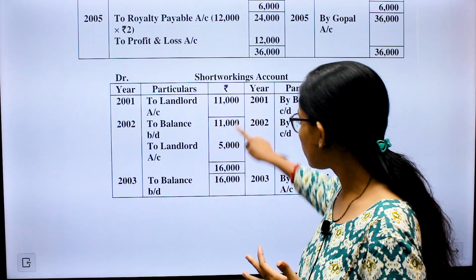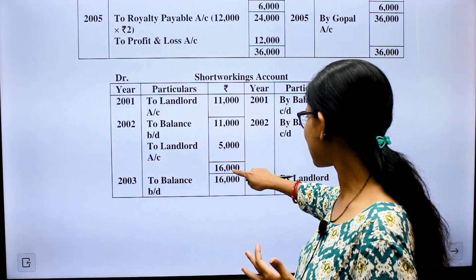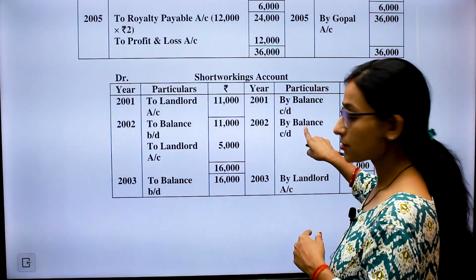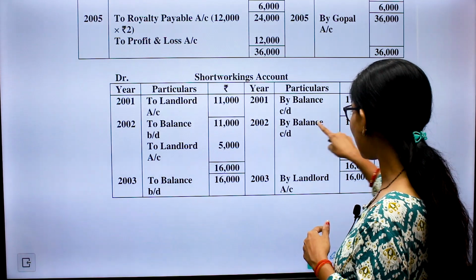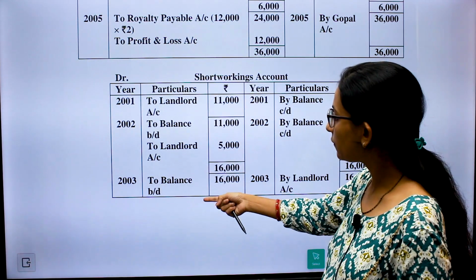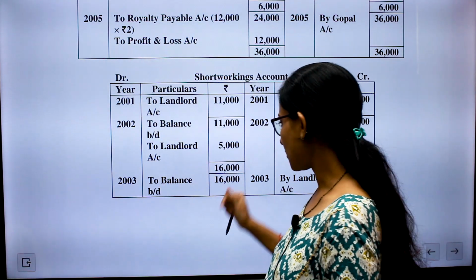So we will add this to the 11,000 and 5,000, and get 16,000. We will carry down this balance, balance CD 16,000, and then in the next year in 2003 we will bring down balance BD 16,000.